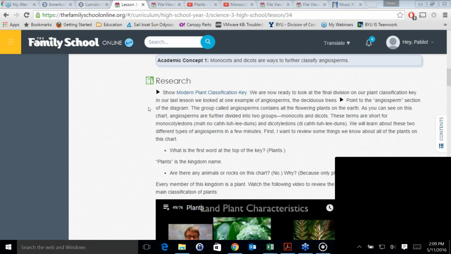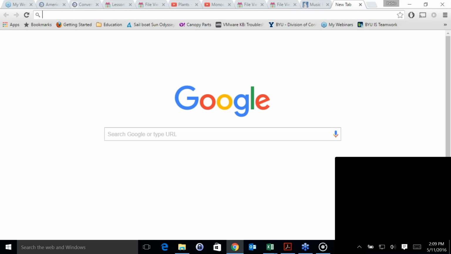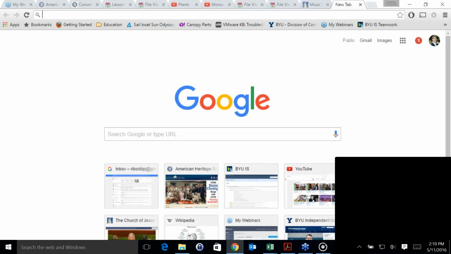Patrick says it was in the seed. Excellent. Yes, it was in the seed, the large part of the seed. That is correct. So the largest part of the seed is this cotyledon, and it has the nutrients for the plant to start out.